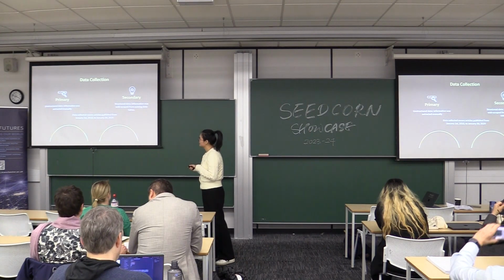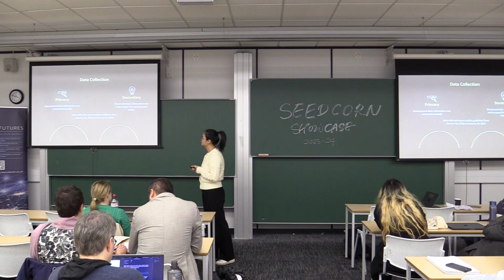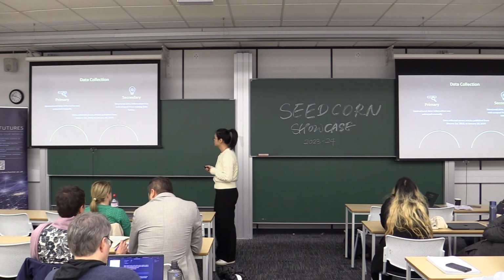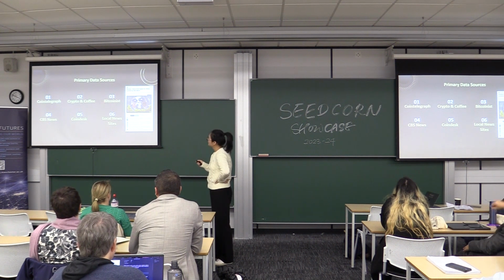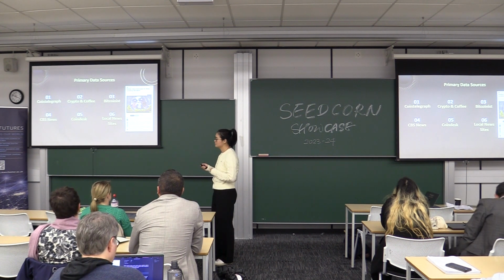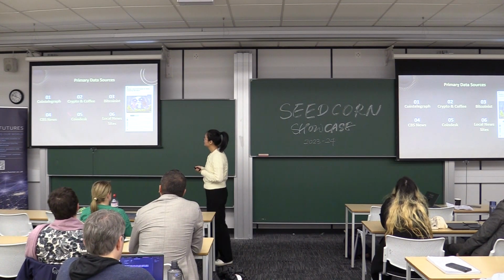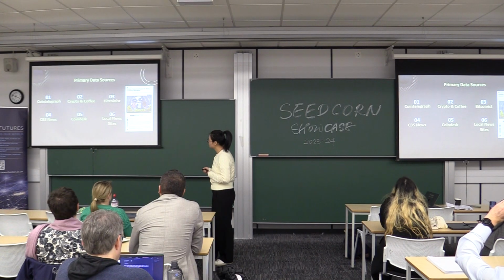The data collected covers all the news articles published from 2010 to 2024. Here is a list of the primary data sources used for our project, including Cointelegraph, CoinDesk, local news sites, CDTS News, and so on.